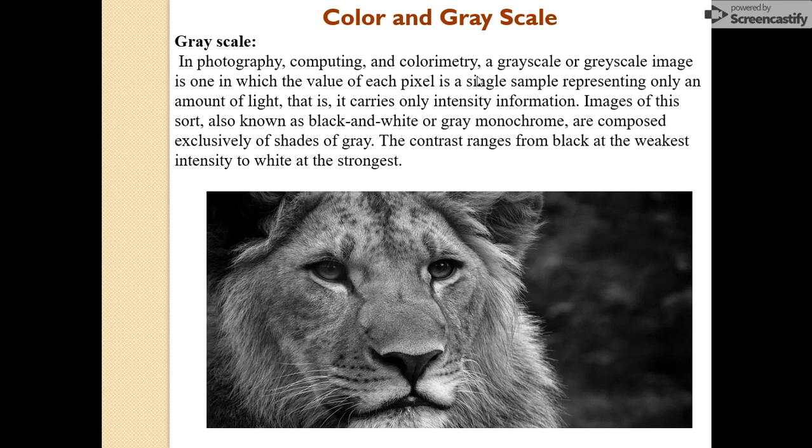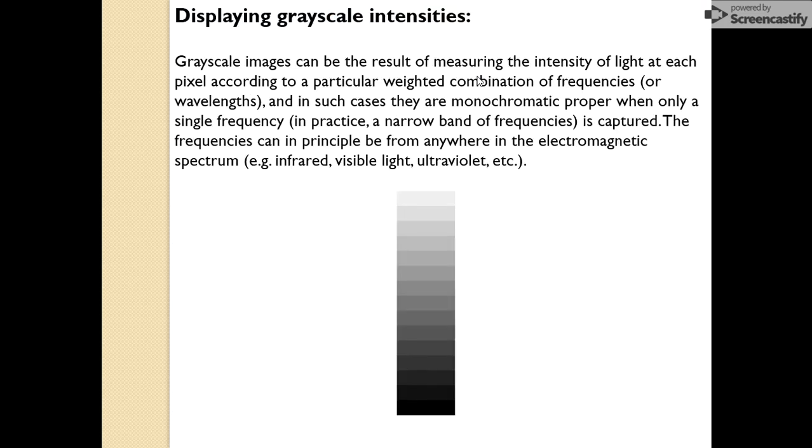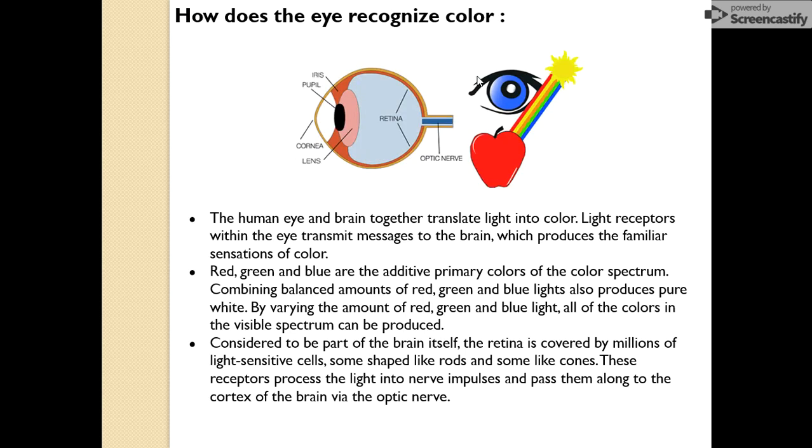This is mainly used for black and white images, or for black and white effects. It is being used in mobile applications a lot today. Like I said, the grayscale intensities can be varied, and it depends on the various frequencies in the electromagnetic spectrum.